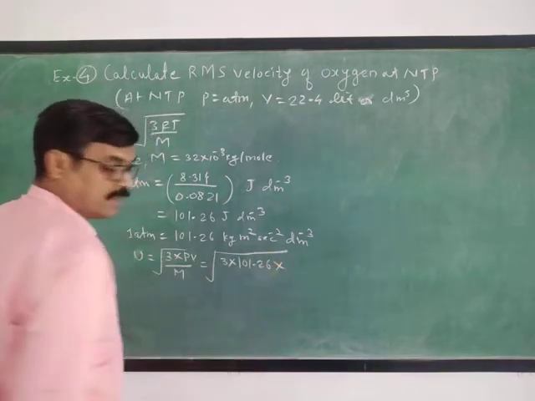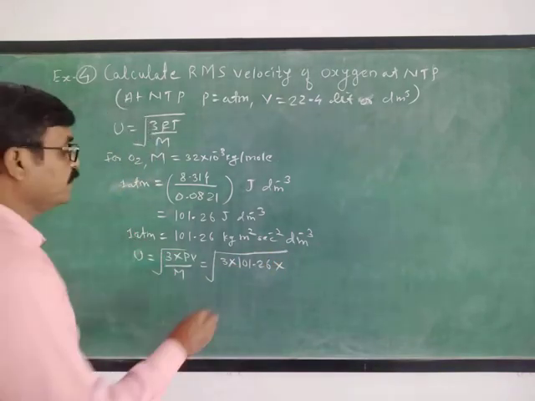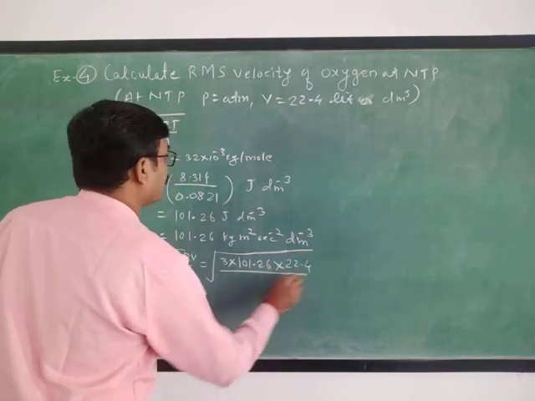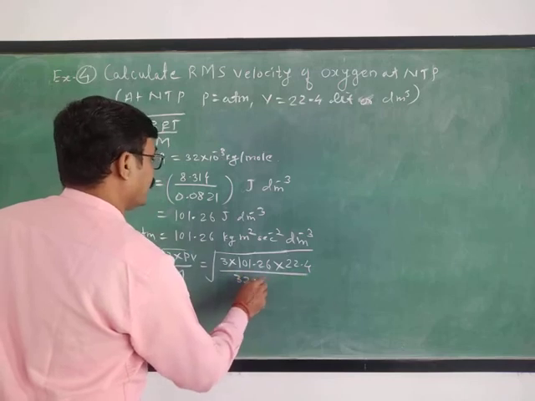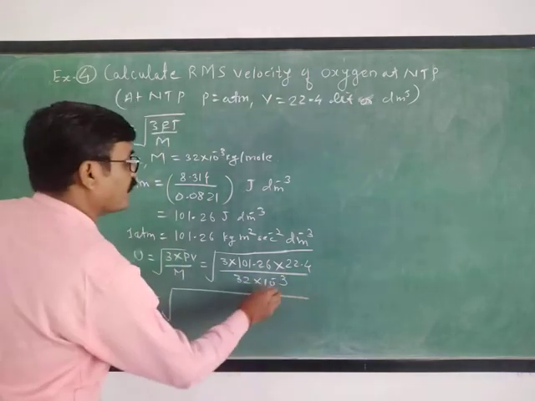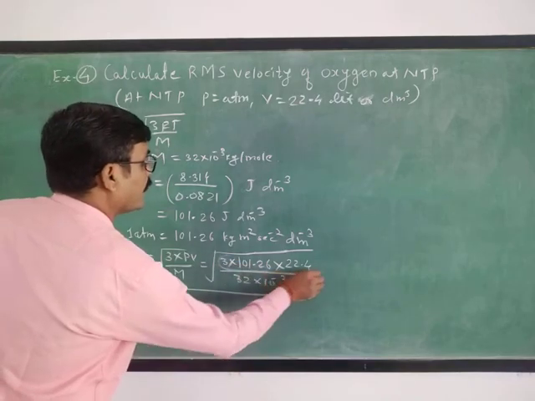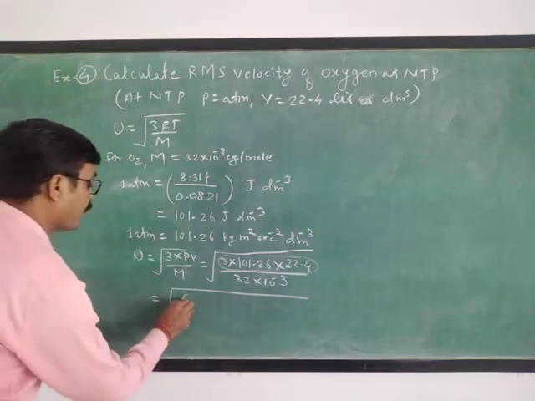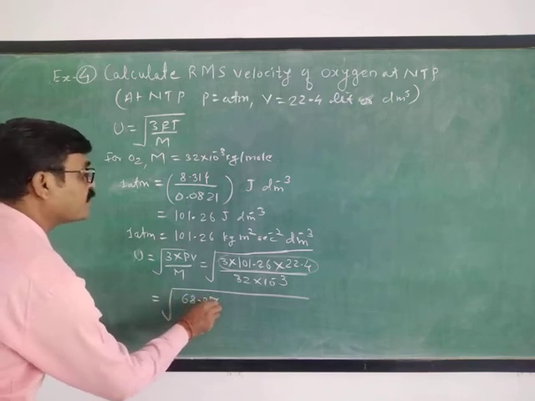Now what is the value of volume? It will be 22.4 liter. Then what is the value of molecular weight? 32 into 10 raised to power minus 3. Now if you solve this, all this multiplication equals 68.07.